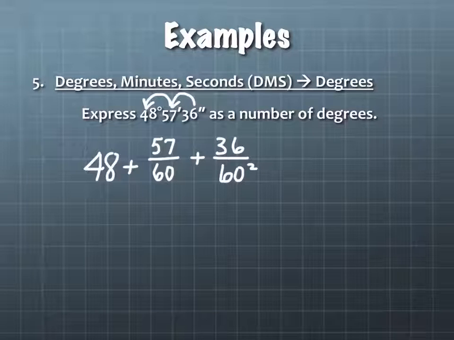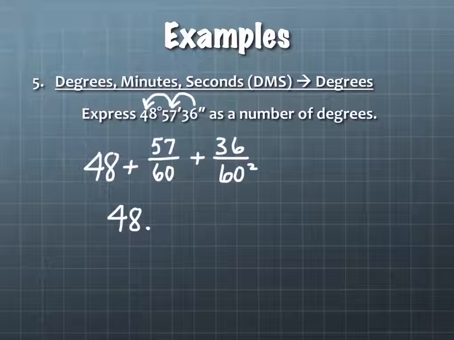Okay? So if I take 48 plus 57 over 60 plus 36 over 60 squared, some of your calculators will require you to do that in more than one step. Some of them can do it all in one fell swoop. What do you get? It's going to be 48 point something, okay? So if your answer is something besides 48 point something, there's a mistake being made. What are you going to get? It better be a lot, because that's 57 minutes.